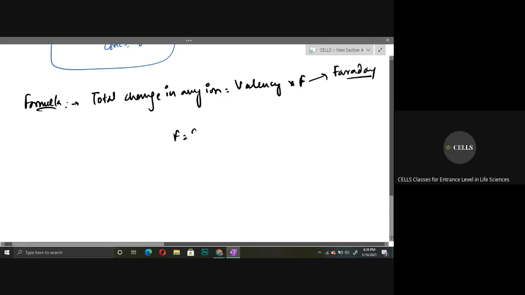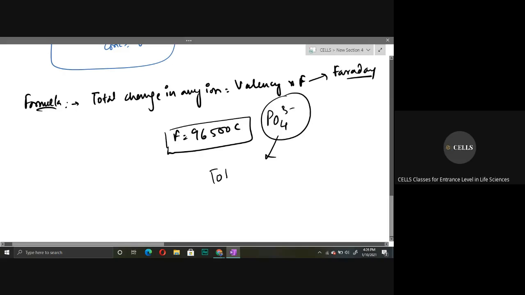Faraday is 96,500 coulomb. It is the value of Faraday. So suppose if you have PO4 3 minus, what will be the total charge? So the valency is 3 into F. Total charge will be 3 into 96,500 coulomb. You will get the answer.